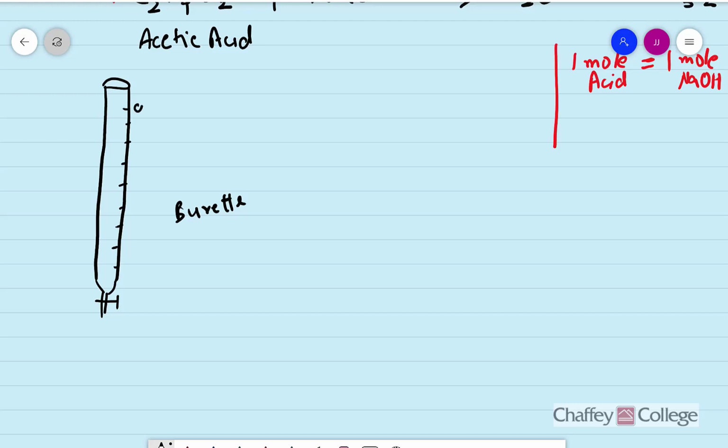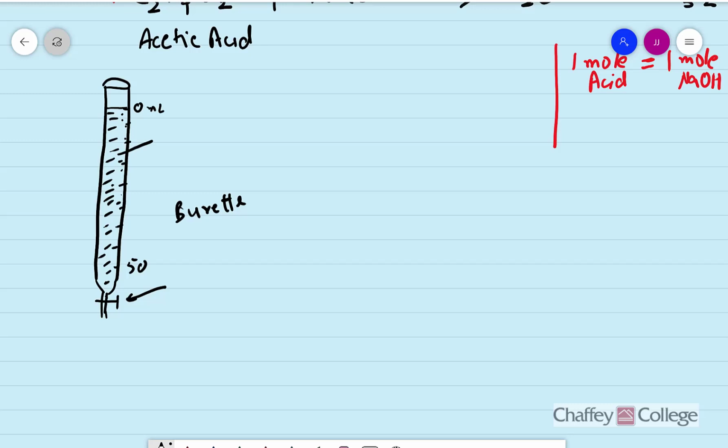So the scale will read 0 ml on top and 50 over here. So when we fill this burette all the way up to the top, that means we have 50 ml of solution in the burette, and there is a valve down here, and the solution can be taken out of the burette by opening this valve.